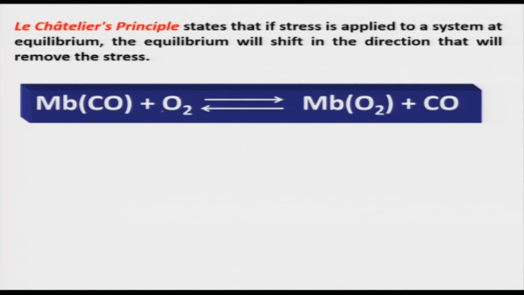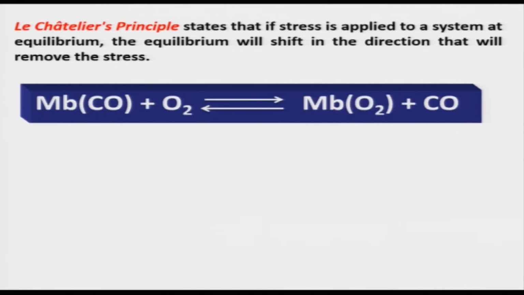Le Chatelier's principle states that if stress is applied to a system at equilibrium, the equilibrium will shift in the direction that will remove the stress. What would happen if we add oxygen? This oxygen can in principle also replace carbon monoxide and form oxymyoglobin.